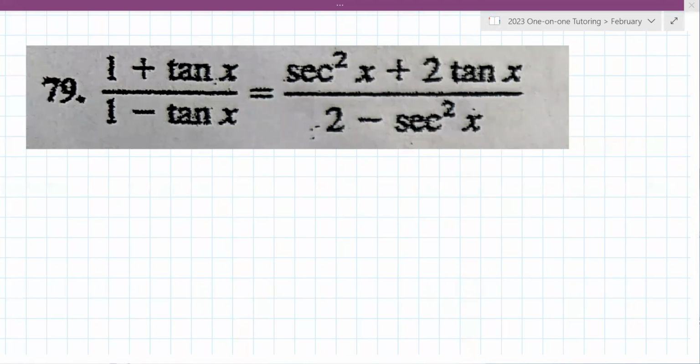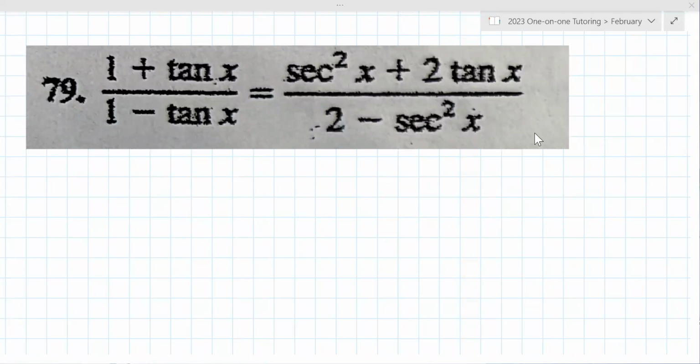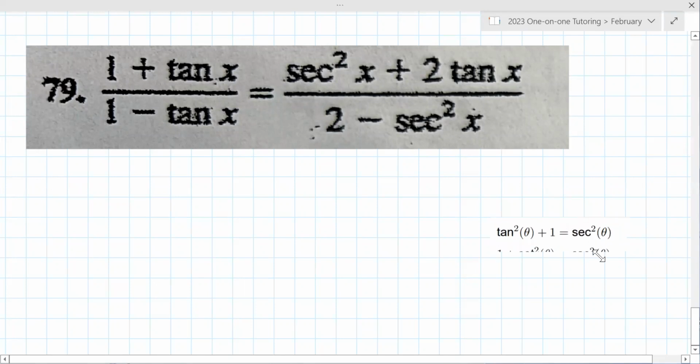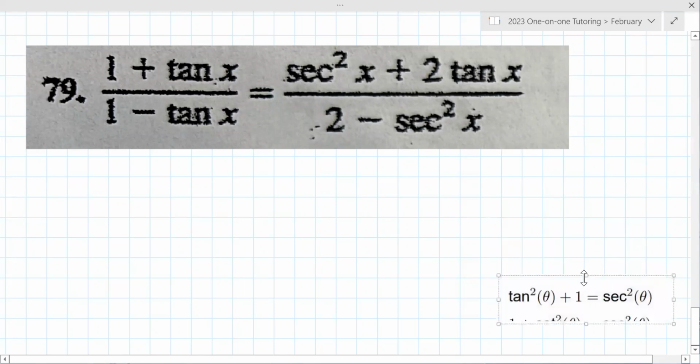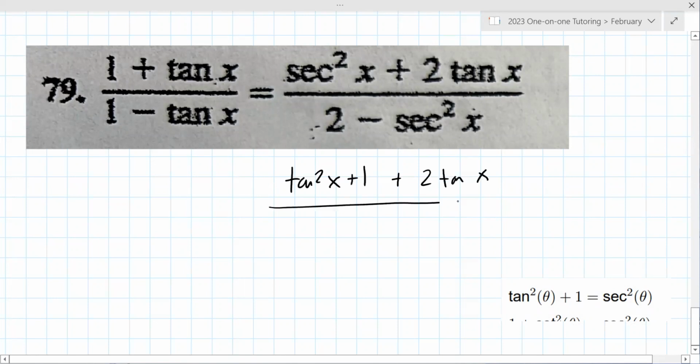Okay, so I think it's reasonable, especially since the answer has tangent in it, to use that identity from the start. So this becomes tangent squared x plus 1 plus 2 tangent x over 2 minus parentheses. Why am I using parentheses here?